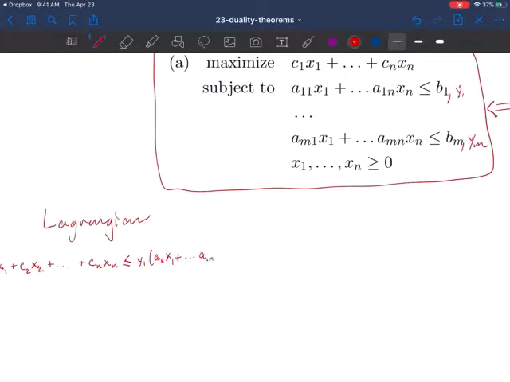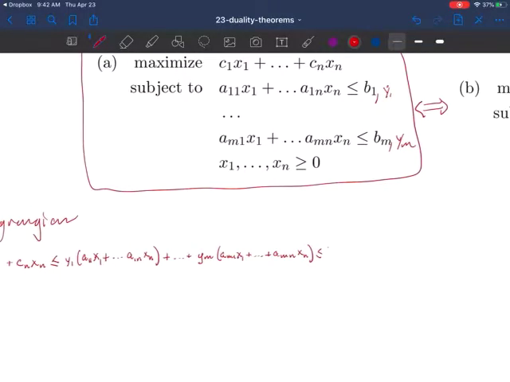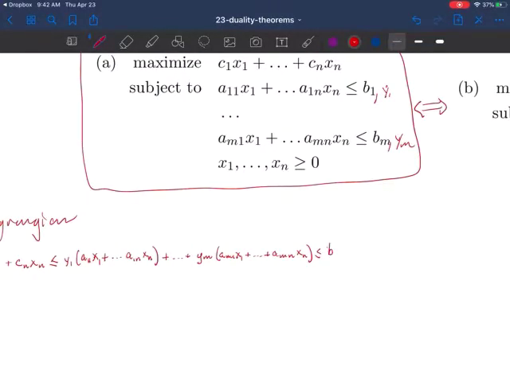So it'll be y1 times a11 x1 plus a1n xn, plus, and then the last one, ym am1 x1 plus amn xn.